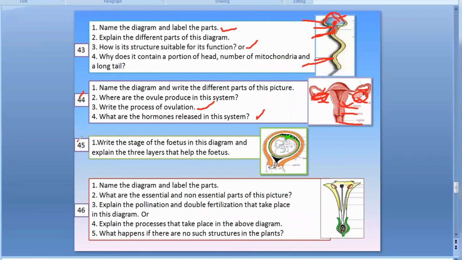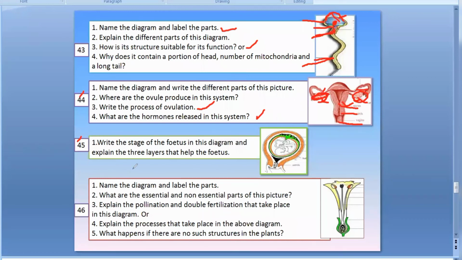And the next, 45. Write the stages of the fetus in this diagram and explain the three layers that help the fetus. So mainly, the fetal membranes are the amnion and chorion, and here the umbilical cord is present.